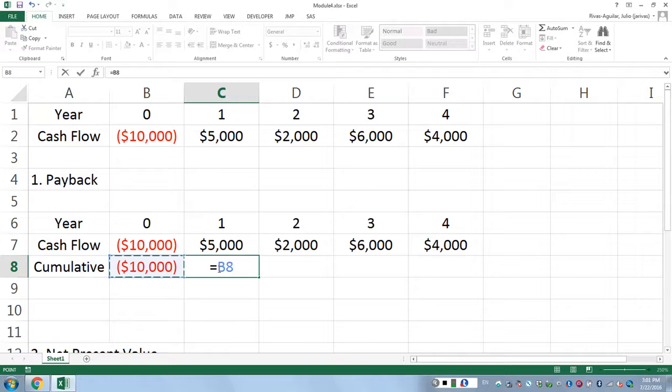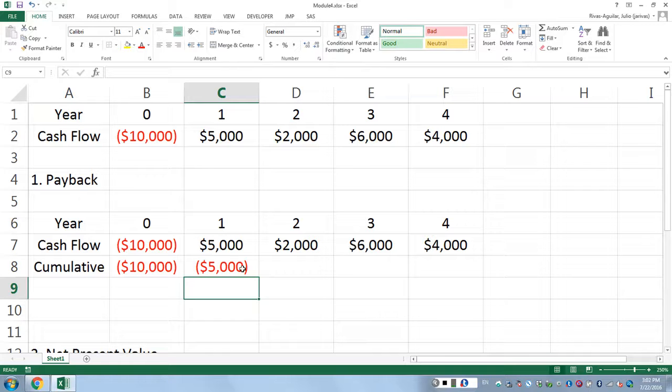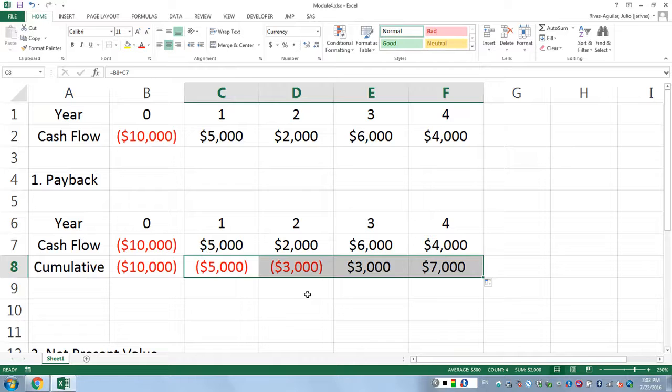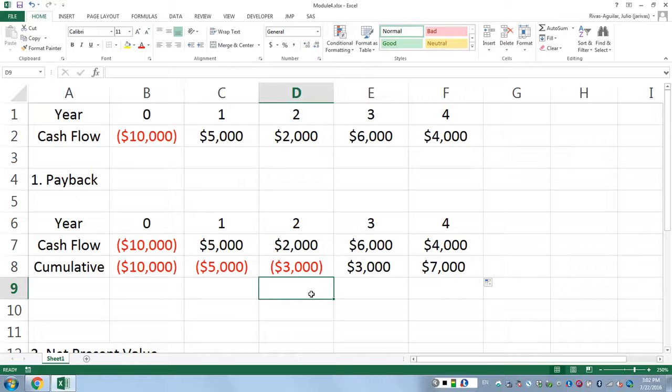So we start with $10,000, then we add $5,000. How much are we going to owe by the end of the year? Well, $5,000. Kind of makes sense, right? I'm 10,000 out, then I get 5,000. Well, I'm 5,000 out. So if we just click and drag, we will be able to come up with the balance at the end of every year.